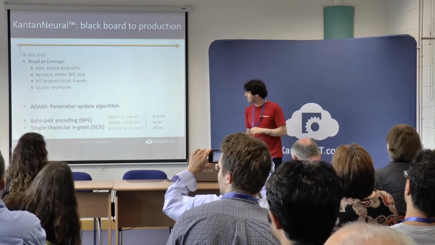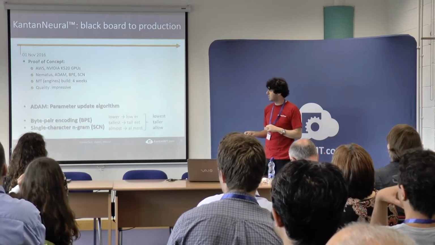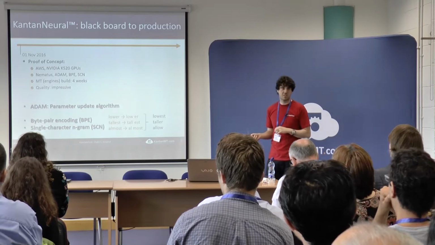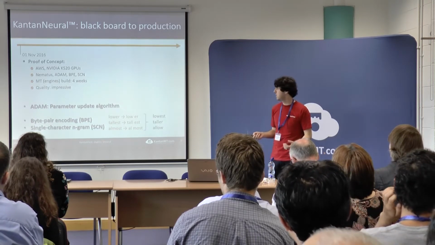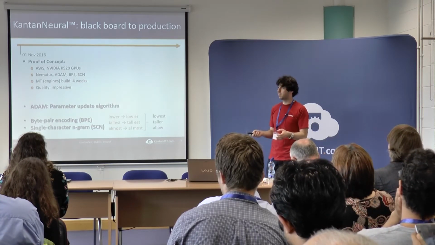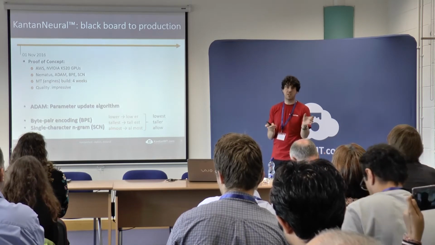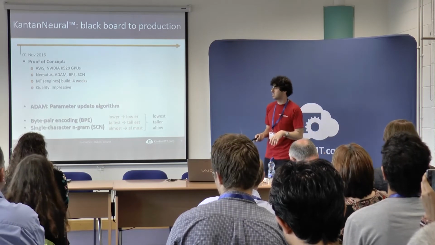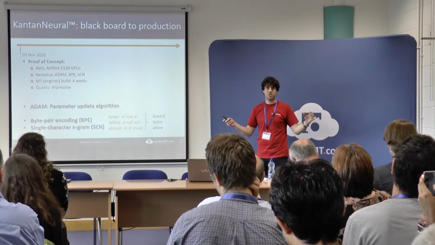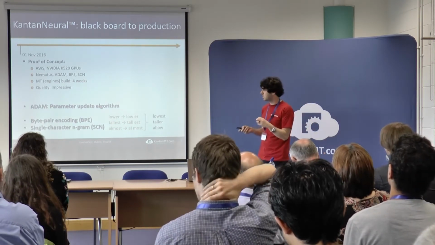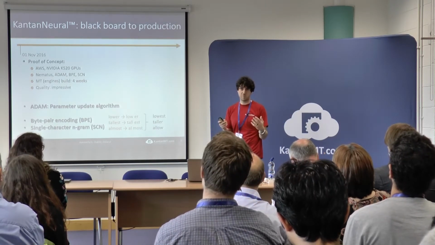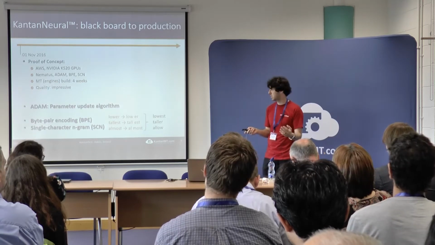Let me tell you about two other things: the learning algorithm and the way that we're representing sentences, actually tokens. So now, in phrase-based statistical machine translation, we're talking about n-grams, words, and then phrases. Well, in neural machine translation, since we're taking care of the whole sentence, we have to represent this sentence in a more fragmented way so that the neural network can learn more specific differences between the different sentences.